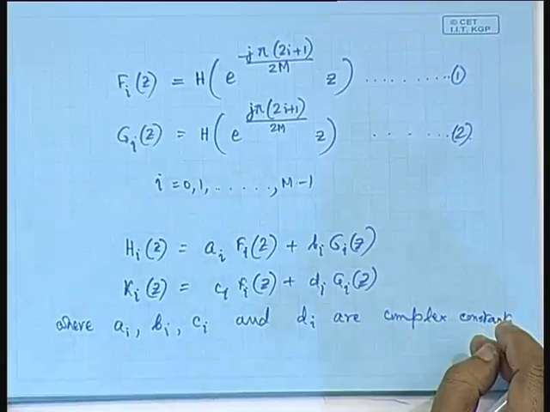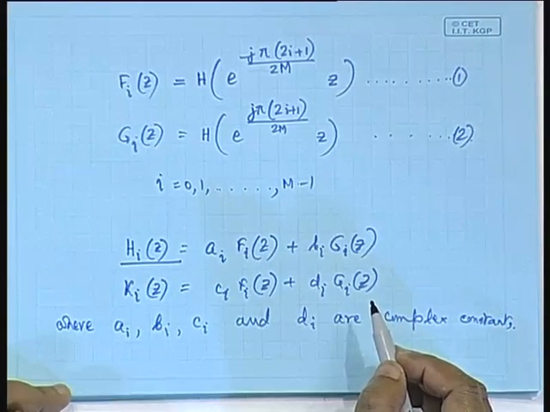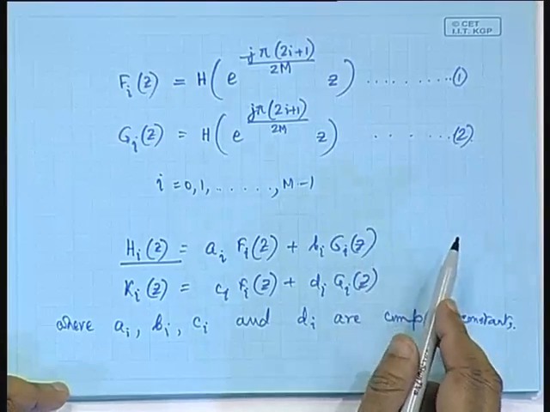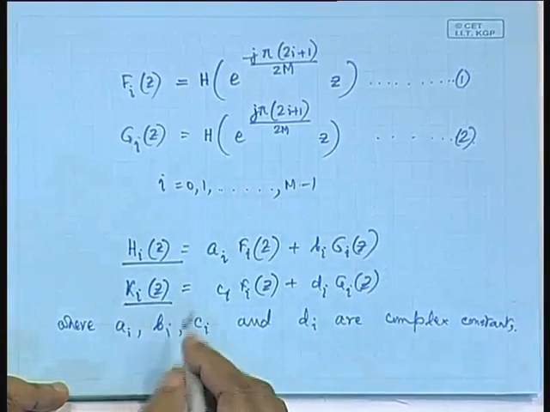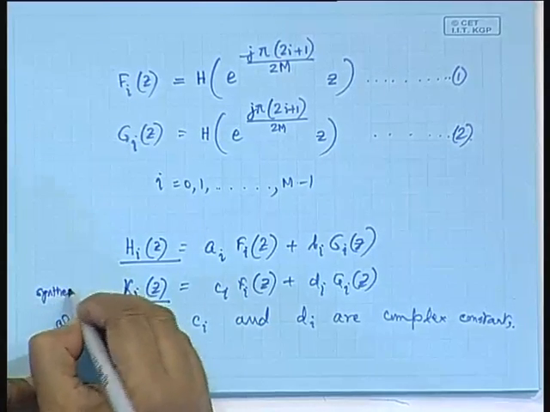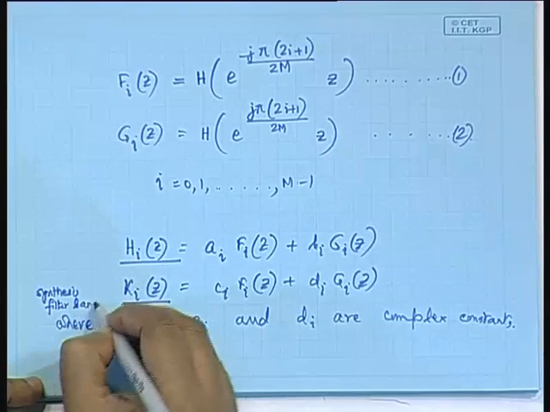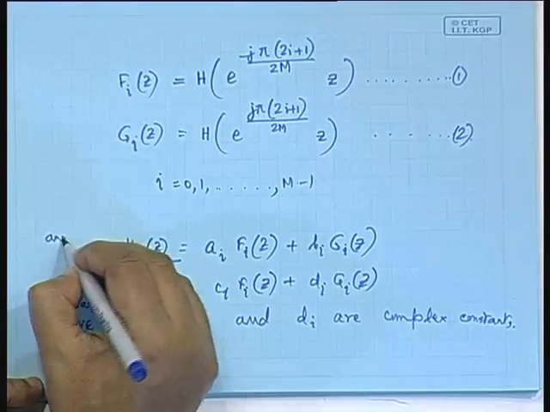Now, Hi(z) forms the analysis filter bank for i equal to 0, 1 up to M minus 1, and Ki(z) forms the synthesis filter bank.